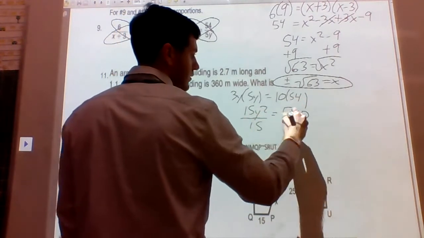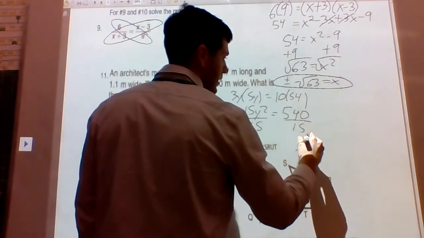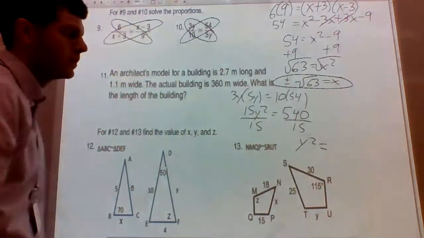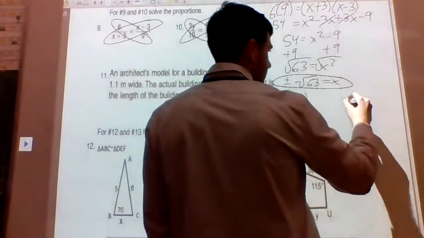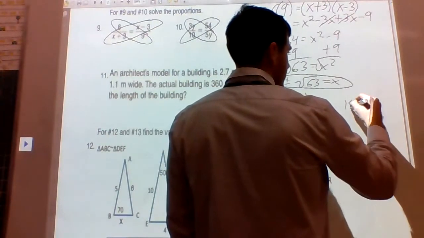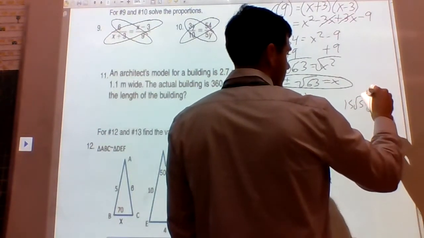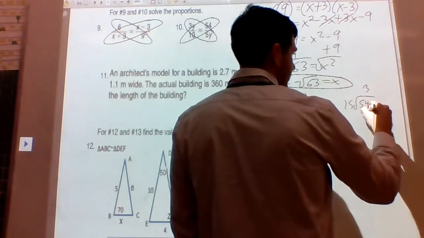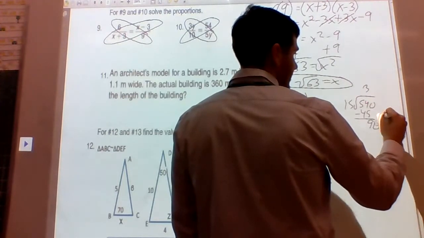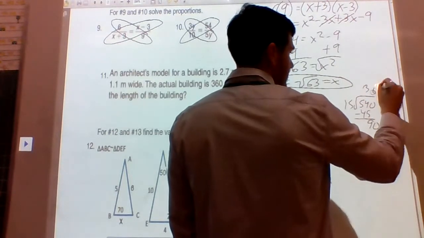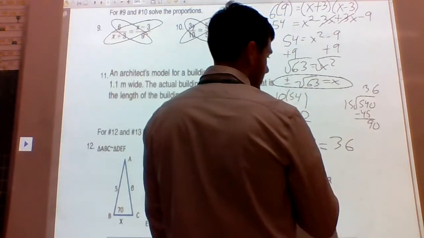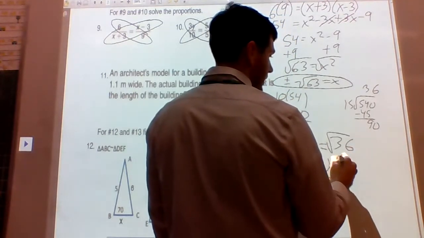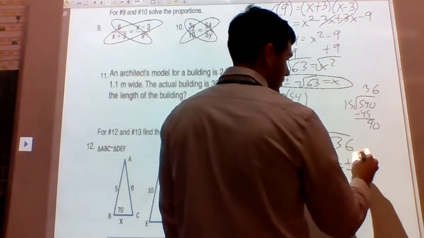Divide by 15. We get y squared equals, let's see, 15 into 540. 3 times. It's 45 minus 90. It goes in 6 times there, 36. Take the square root of both sides, we get y equals plus or minus 6.